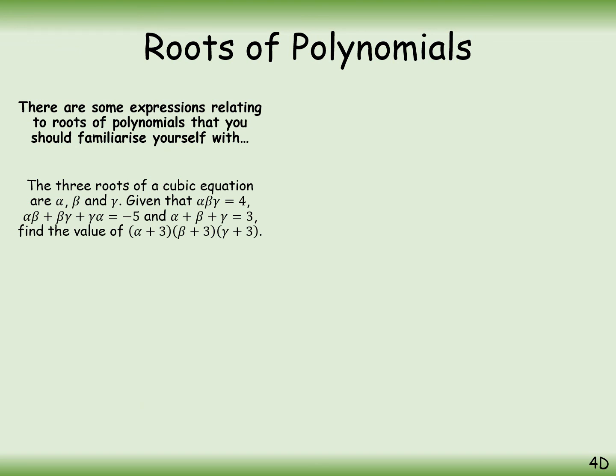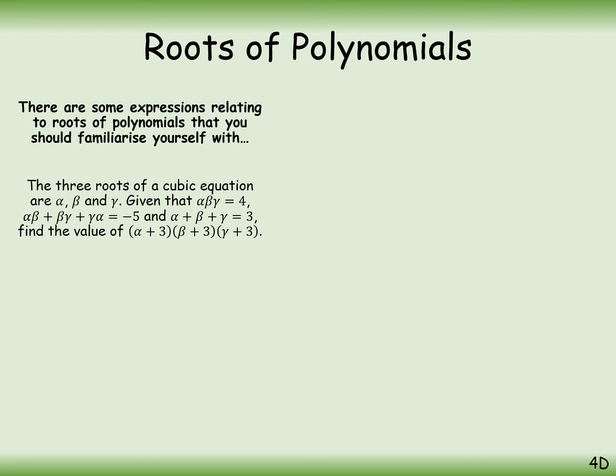Okay, so here's a question. We're told the roots of the cubic equation are alpha, beta, gamma, and given that the product of all three is equal to 4, the sum of the doubles is equal to minus 5, and the sum is equal to 3, we're asked to find the value of alpha plus 3, beta plus 3, gamma plus 3.